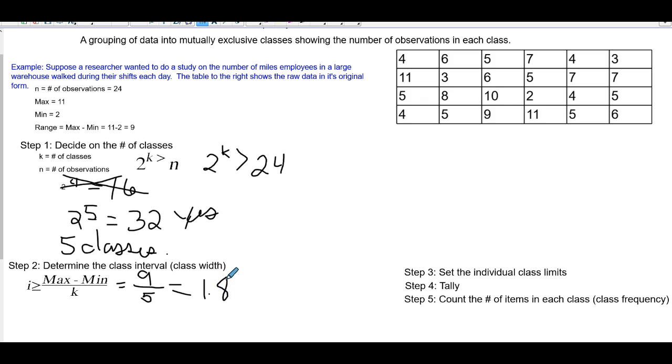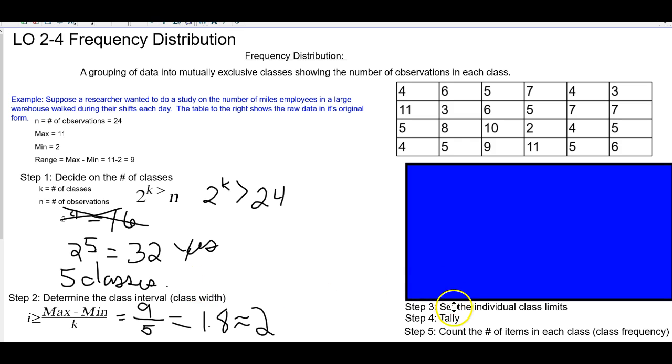Your class interval needs to be the same place value in data. So for example, all of our data is in whole numbers, so we want our class interval to be in whole numbers too. And the way that we do this, it's really easy. You're just going to round this 1.8 up to the next whole number. So 2. So our class interval is going to be 2.